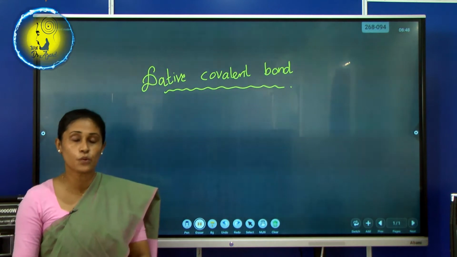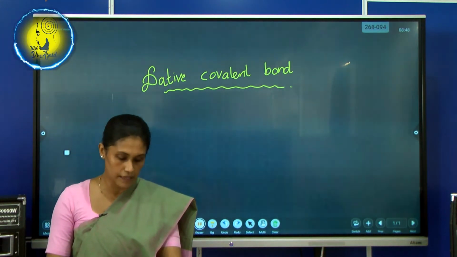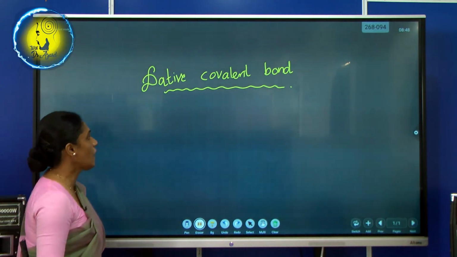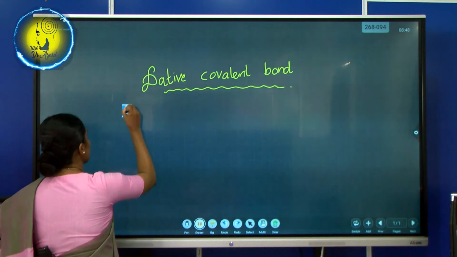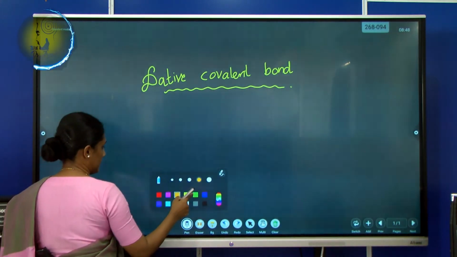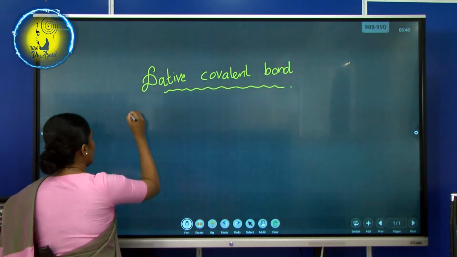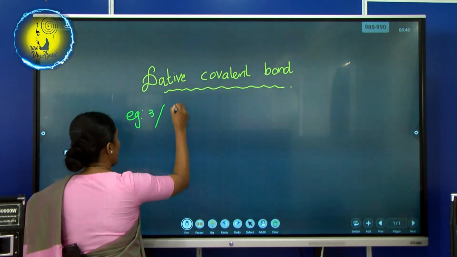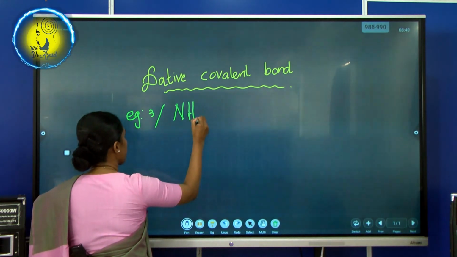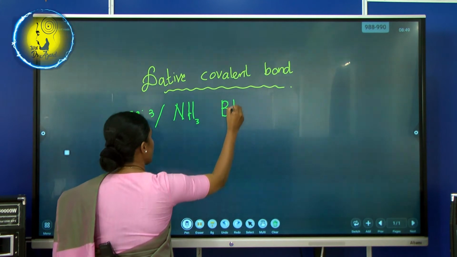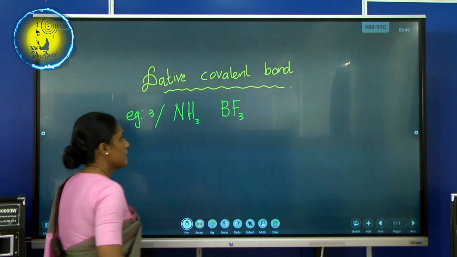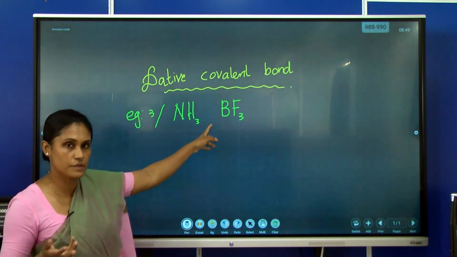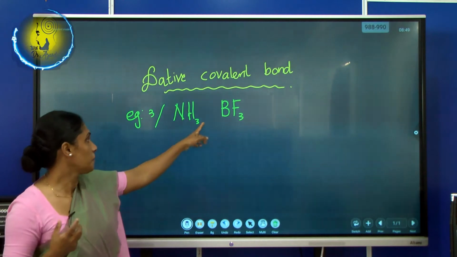So in the third, you can see the third example. I have given ammonia and boron trifluoride. Let's see how it works. I'm discussing example number 3, that is ammonia and boron trifluoride. Now, I told you boron has a scarcity of electrons, or electron deficiency.